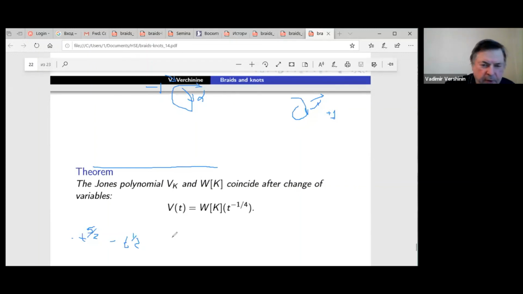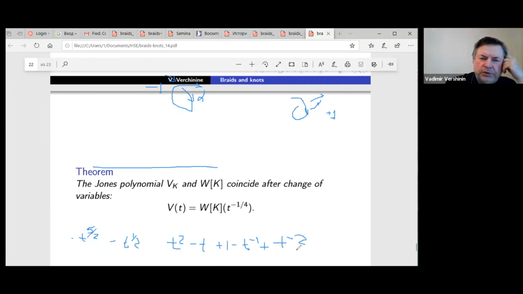We don't have much time, so for figure 8, it is beautiful: T squared minus T plus 1 minus T minus 1 plus T minus 2.